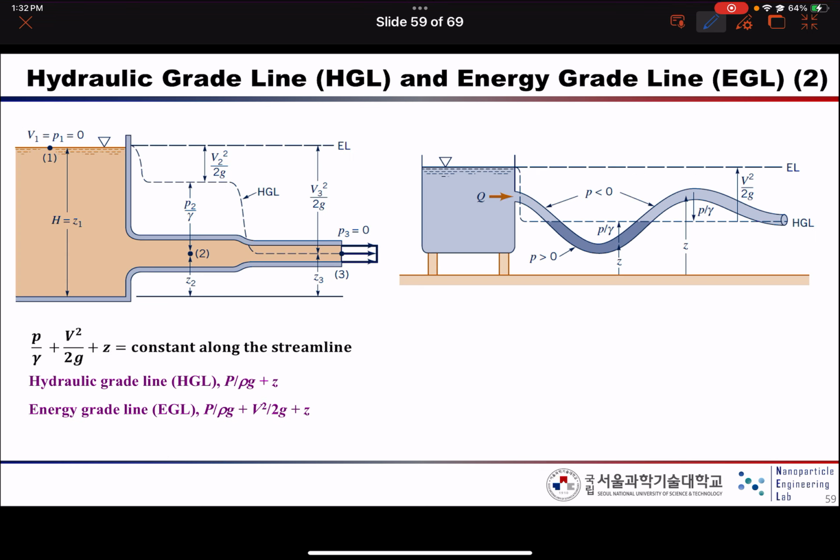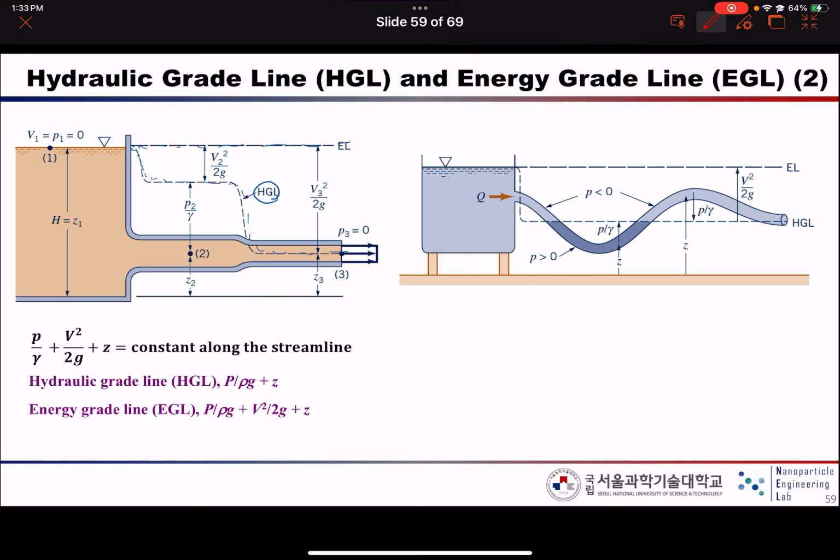Okay, and there is another example to see the schematic for the hydraulic grade line and the energy line. Okay, so the hydraulic grade line is this one, and the energy line is this one.